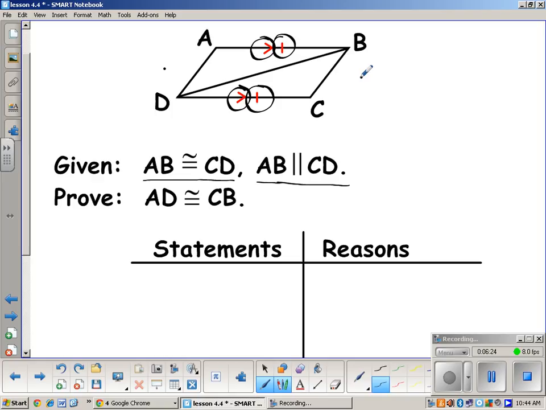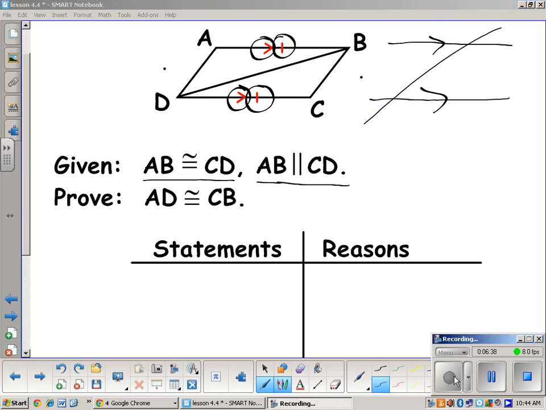Think about that. Sometimes it helps if I clean stuff up. Here's our two parallel lines, and here's a transversal. Yeah. So looking at this, I have two parallel lines and a transversal. What do we know about two parallel lines and a transversal?